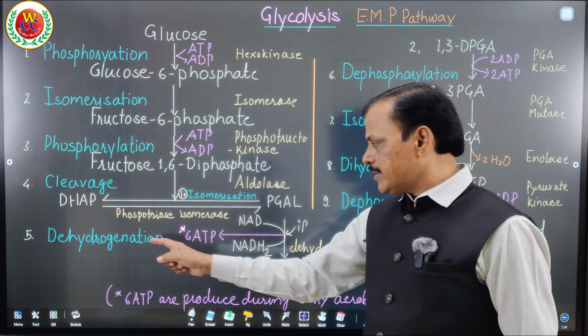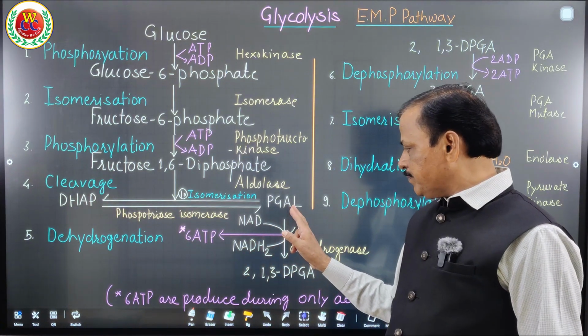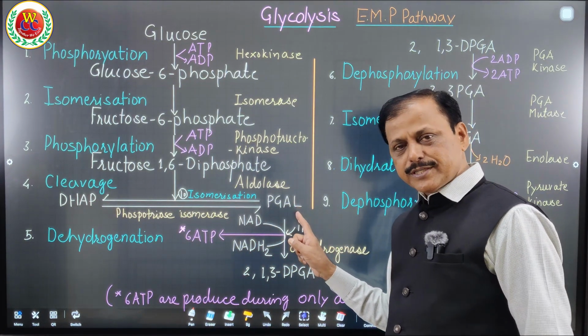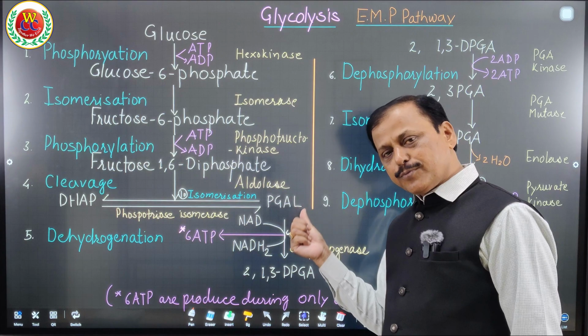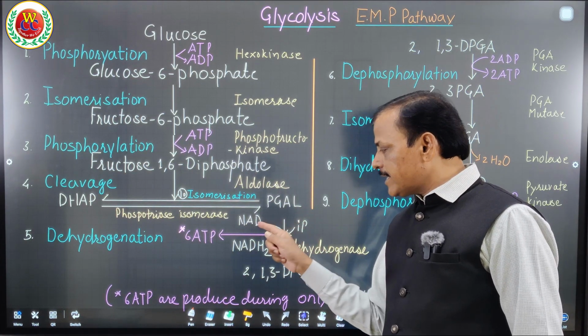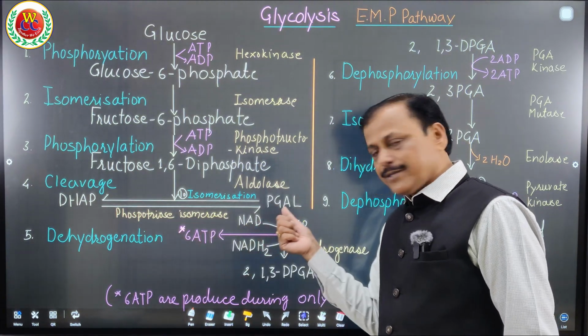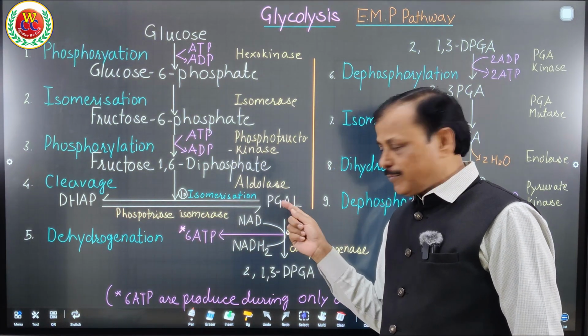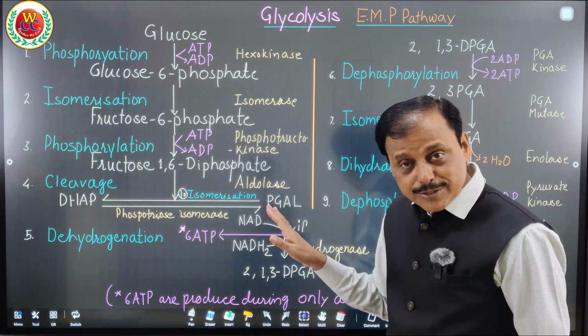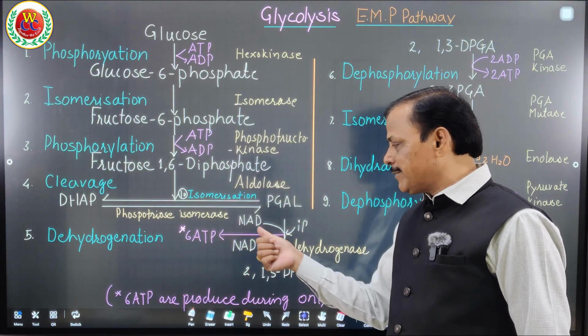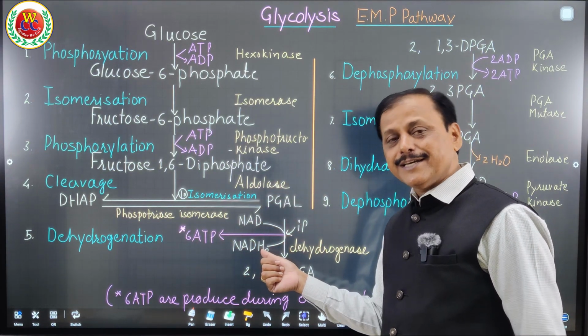Now dehydrogenation. This phosphoglyceraldehyde undergoes dehydrogenation. What does it mean? Hydrogen from phosphoglyceraldehyde is released and combines with NAD to form NADH2. Whose dehydrogenation occurs? PGL's. Phosphoglyceraldehyde underwent dehydrogenation, hydrogen came out, and combined with NAD, forming NADH2.